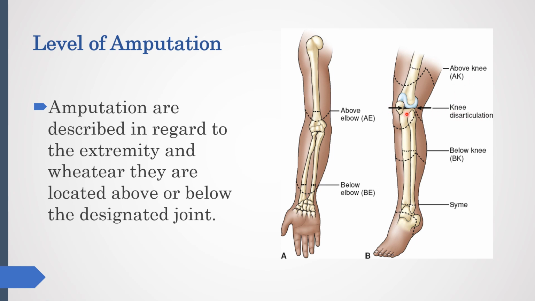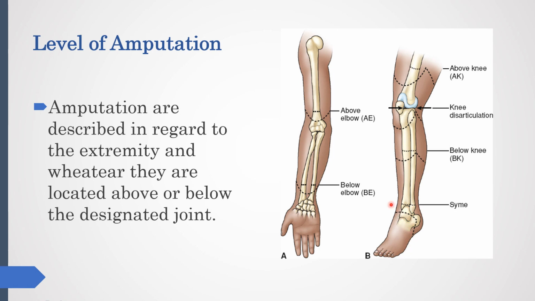This is the knee joint, and if the patient has an amputation below the knee joint, it is a below knee amputation. In some cases they have minimal infection in their toes. They start amputating the toes and then end up with the ankle area.